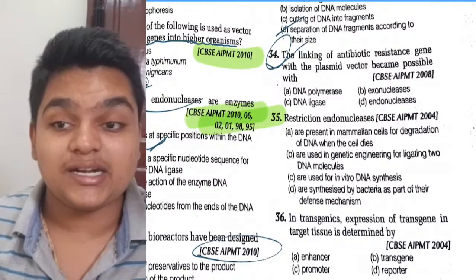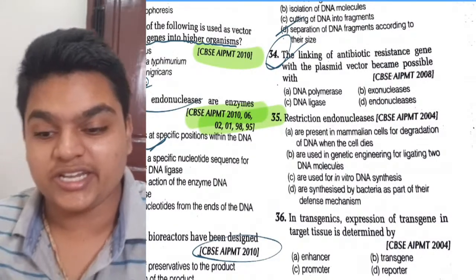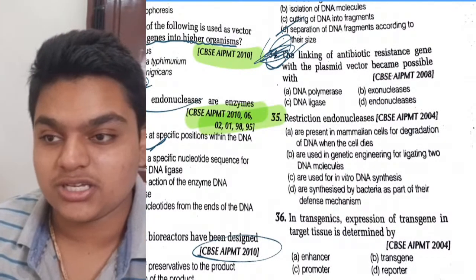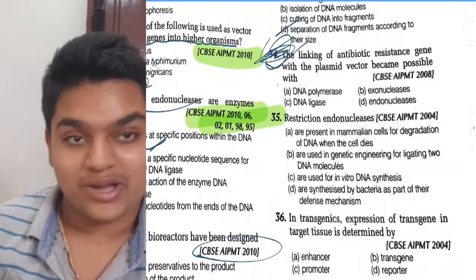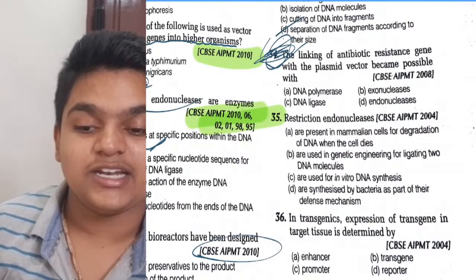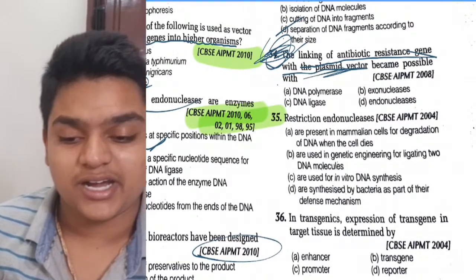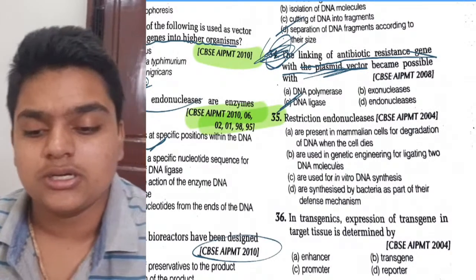The English that they have used in the question is a little tricky, not the question, guys. They are asking linking of antibiotic resistance gene with the plasmid vector. So your answer goes like this.